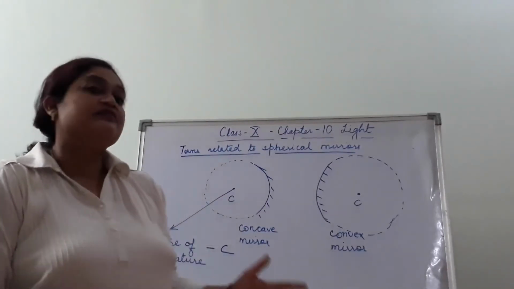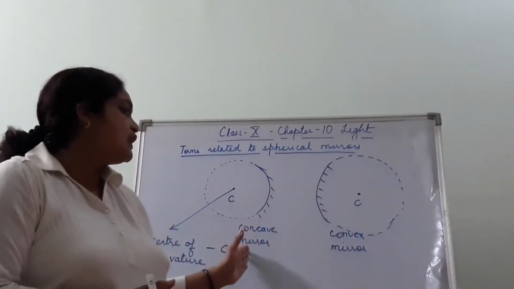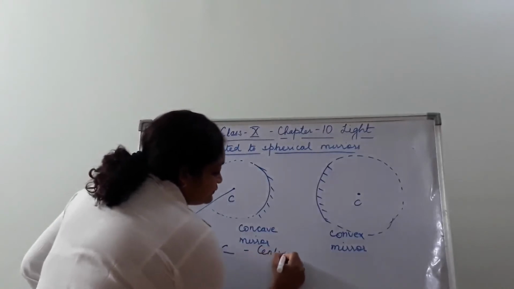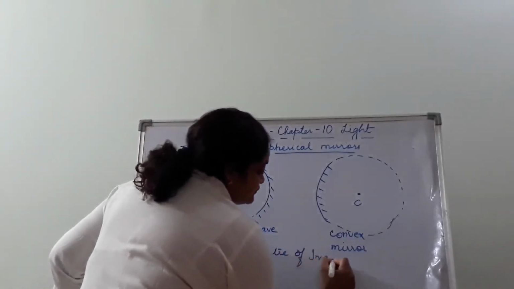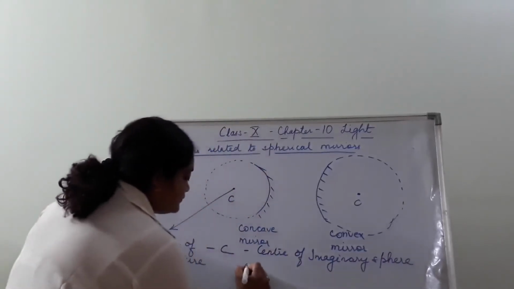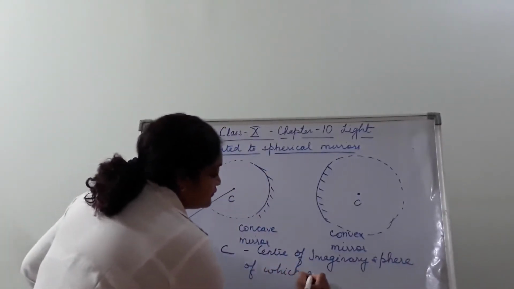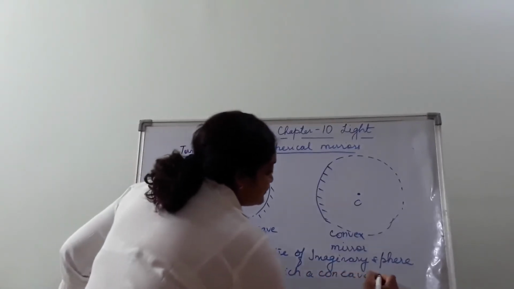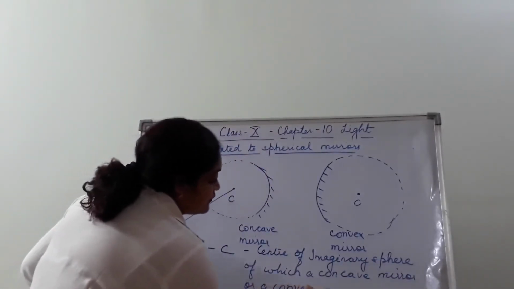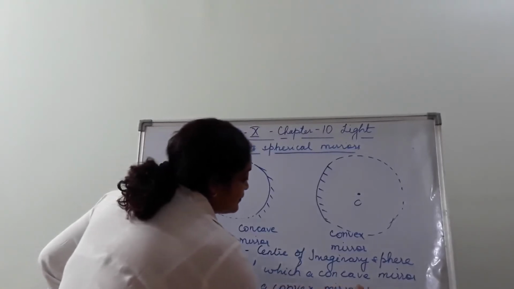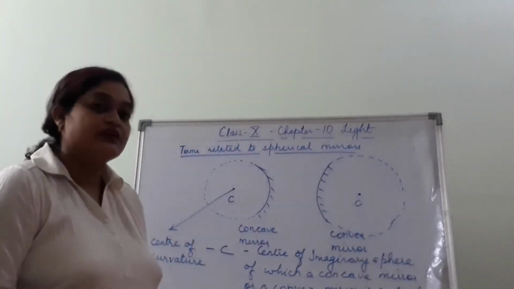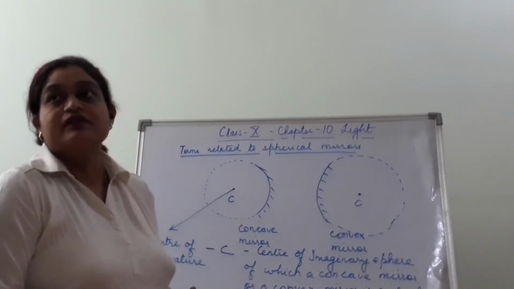The center of curvature is the center of an imaginary sphere of which the concave mirror or the convex mirror is a part.